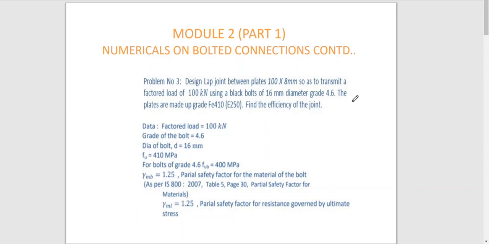But there are 2 methods to find the efficiency of the joint. One is to calculate the efficiency per pitch length, and the other is to calculate the efficiency for the total joint. You can use either method and you will get the same answer. So we'll move on to the next problem.